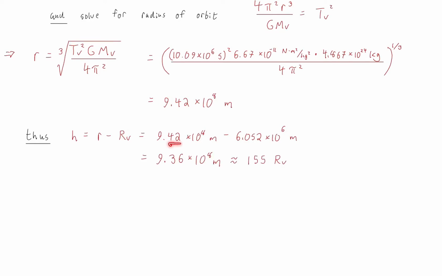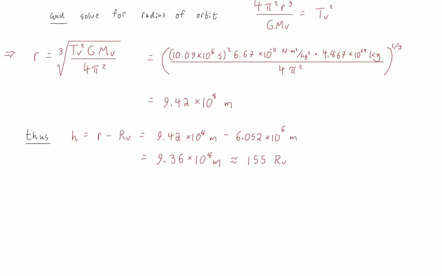Look, it only changes these decimal places, right? We still have it to the 8th power, right? Because it is so much further. In fact, it is 155 times the radius of the planet above the planet, right? So if this was the planet, we'd need something that's 150 times bigger, right? So maybe more dramatic than that, okay, for the orbit.